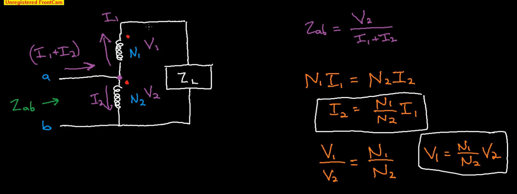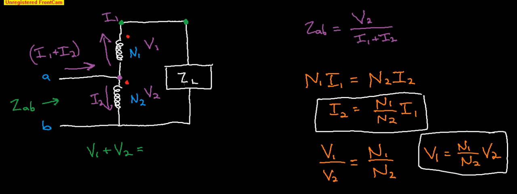And that second equation, notice that this Z of the load is in parallel with both of the inductors right here. So that means that V1 plus V2 has to be equal to the voltage across this load.